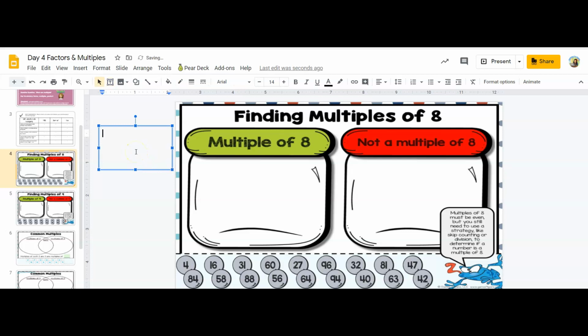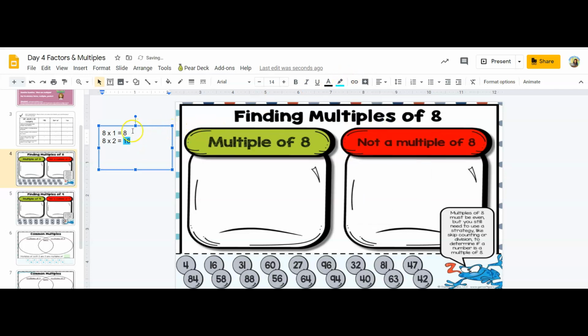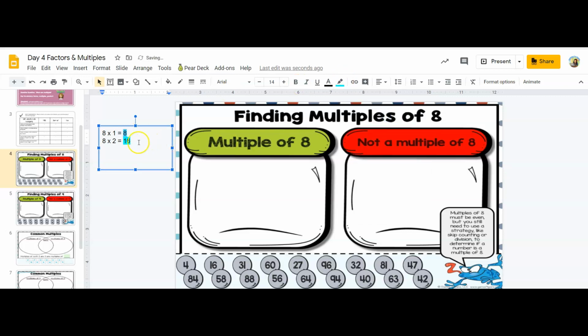So if I have multiples of 8, I would do 8 times 1 equals what? 8. 8 times 2 equals 16. This 16 is a multiple of 8. 8 is also a multiple of 8.